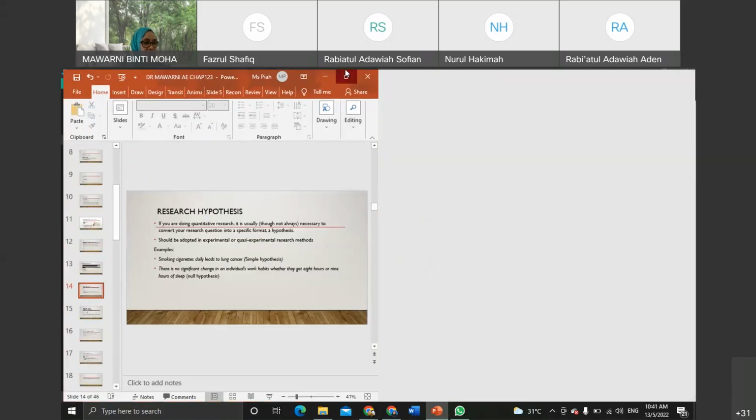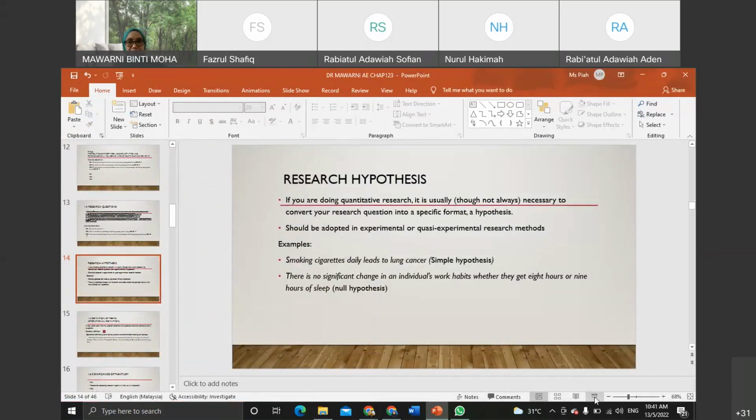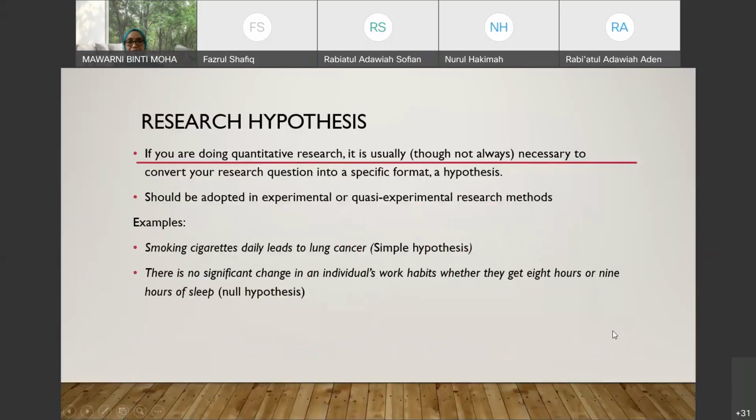Okay, research hypothesis just now. Yes, thank you. All right. If you are doing quantitative research, it is usually, though not always, necessary to convert your research question into a specific format or a hypothesis. Basically, we adopt this in experimental or quasi-experimental research methods.